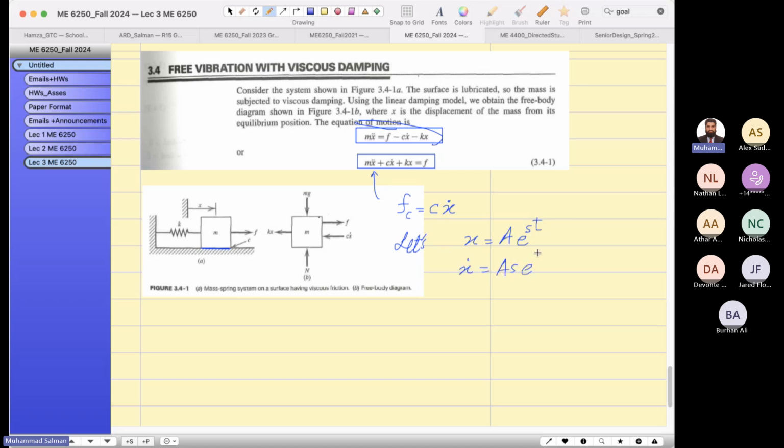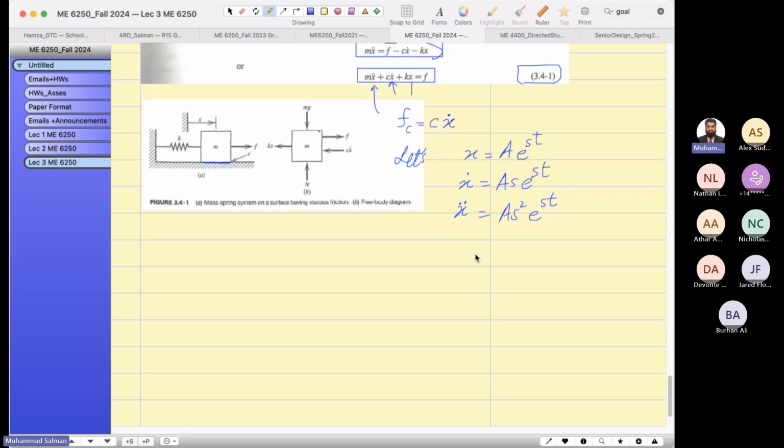A s e to the st, and x double dot is A s square e to the st. So let's plug x dot and x double dot into this equation, and then see what the roots of s are. If you find the roots of s in the solution, then we will see three cases. I'm going to show you the first case, second case, third case.